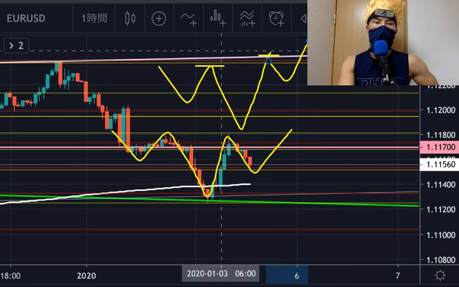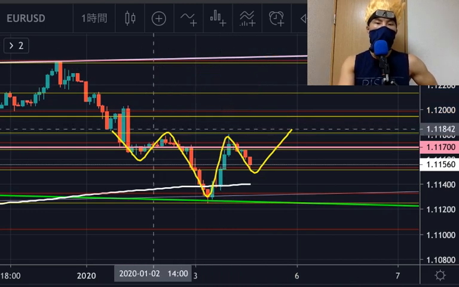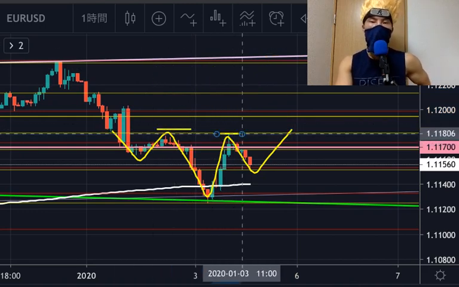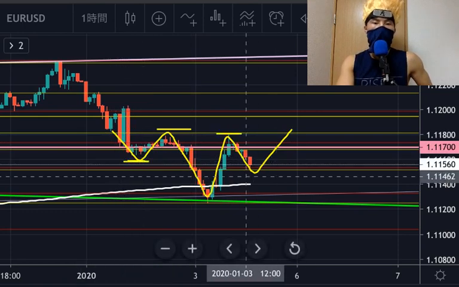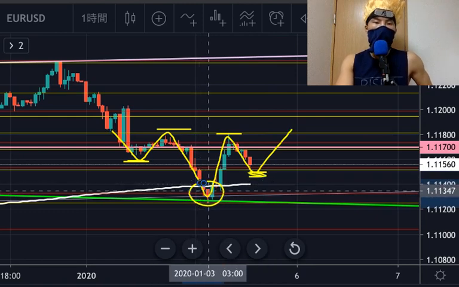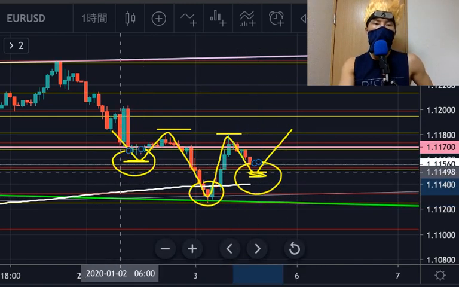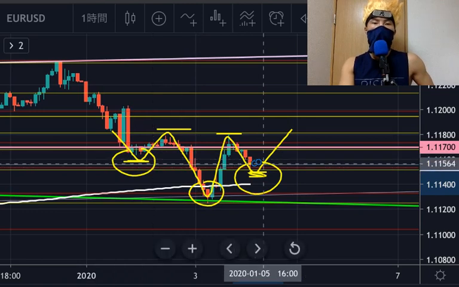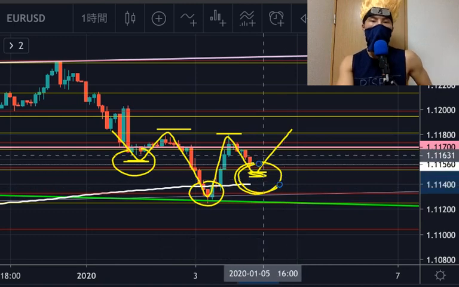This one is a reverse head and shoulder, but it's not good, because it didn't make higher highs, and this is lower lows. Comparing the left low and the right low is really important, and the right low is lower than the left one.